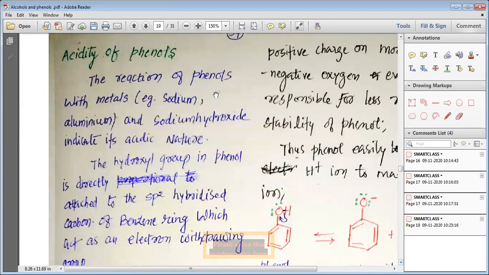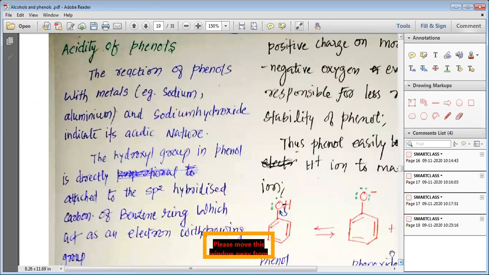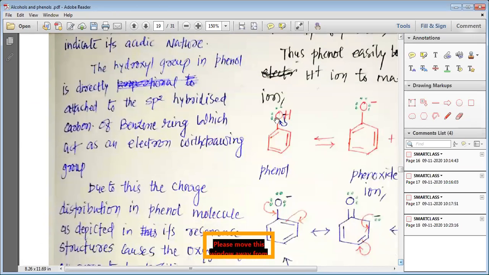Now let's look at the acidity of phenols. The reaction of phenols with metals, for example sodium and aluminium, and with sodium hydroxide indicates that phenols are acidic in nature. The hydroxyl group in phenol is directly attached to an sp2 hybridized carbon.